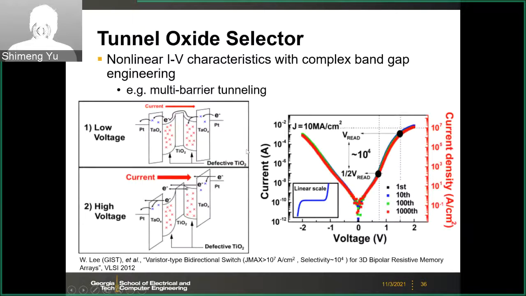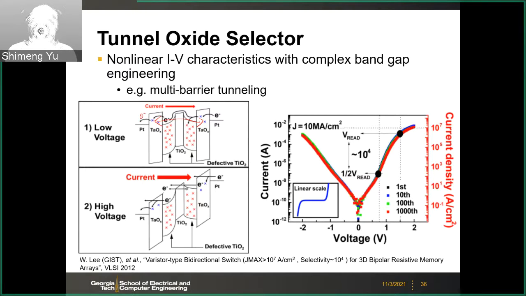So for the exponential I-V, you can rely on this kind of tunneling current mechanism. Think about the FN tunneling you have had before. Basically, you have to pass this kind of barrier in the band diagram. At low voltage, the electrons will see a thick barrier made of oxide, and then the current will be small.